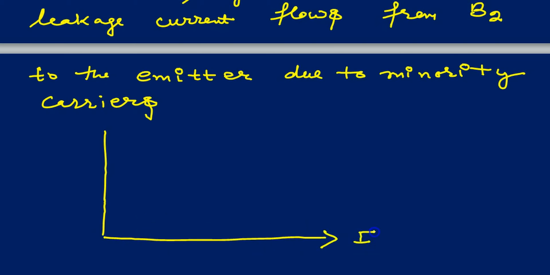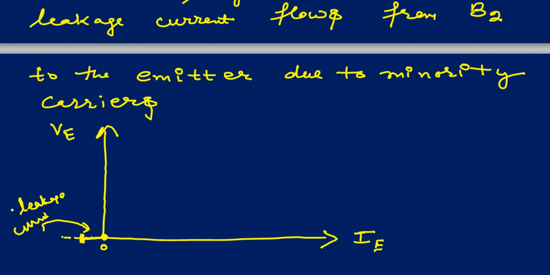So this is the graph between emitter current along the x-axis and voltage along the y-axis. So here the negative current means leakage current. So there is leakage current when there is no emitter voltage. So this is the leakage current.